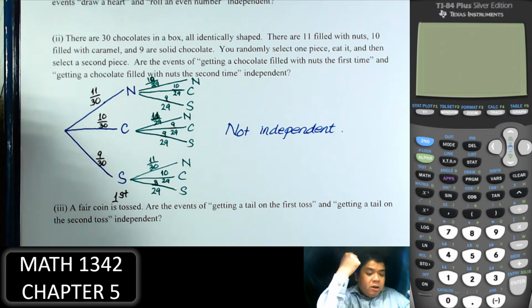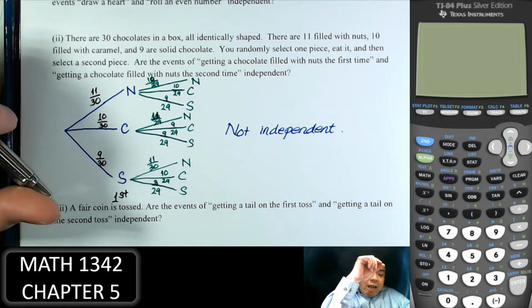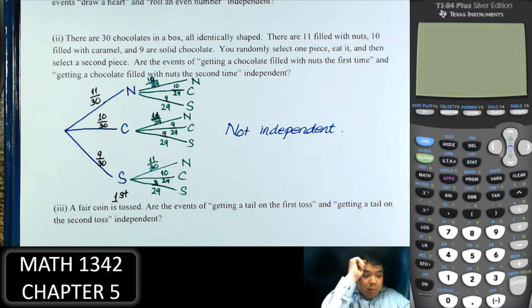Right, another example. A fair coin is tossed. Are the event of getting a tail on the first toss and getting a tail on the second toss independent? Well, we assume that a coin is tossed gently.